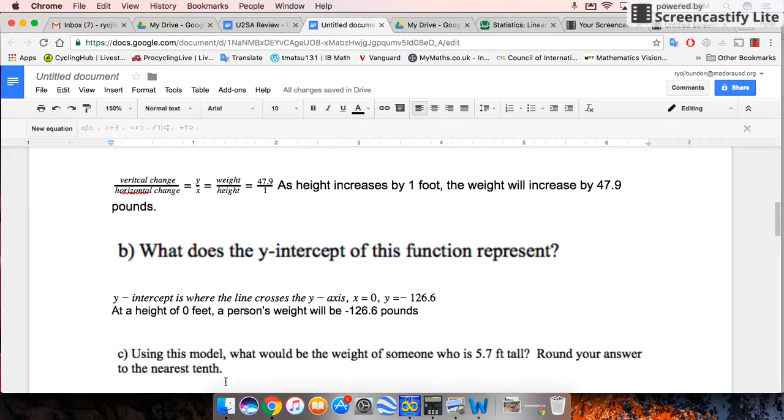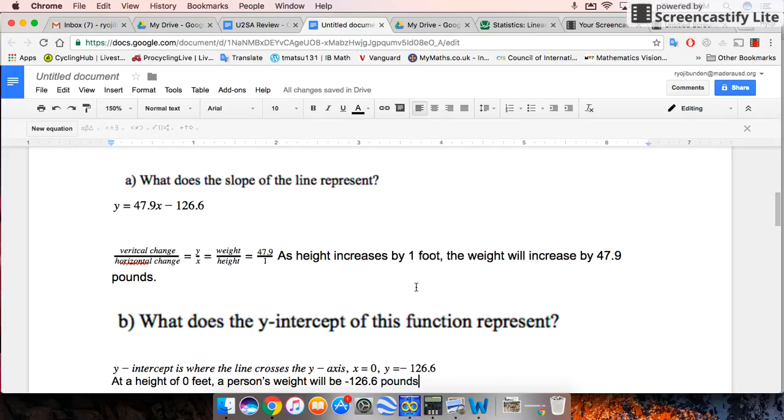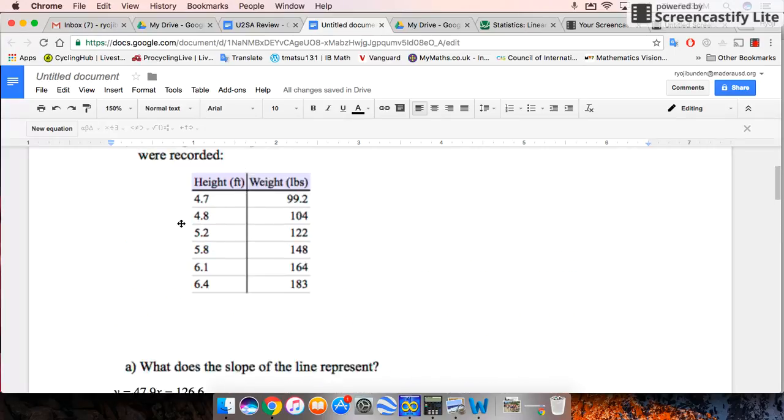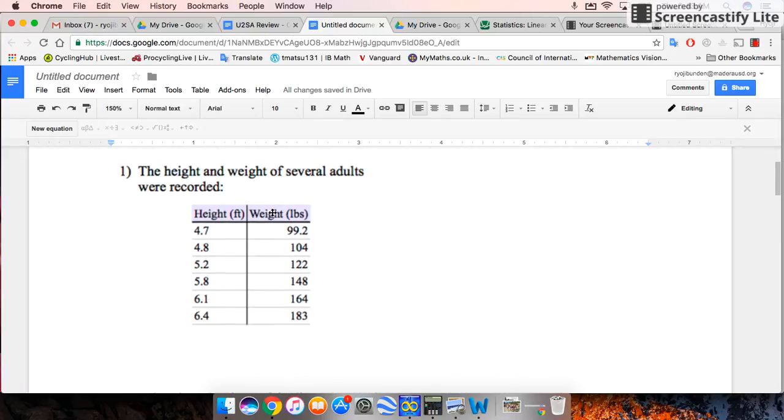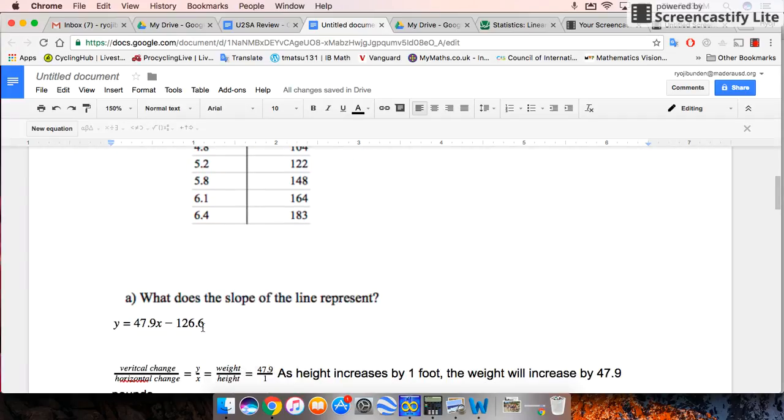Okay. Part C, using this model, what would be the weight of someone who is 5.7 feet tall? Okay, 5.7 feet. Since they're giving us feet, we have to remember that based off our original table, feet is our x variable, right? And we have this linear equation that we can substitute our feet for x.